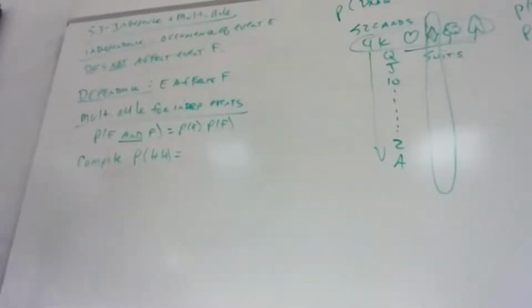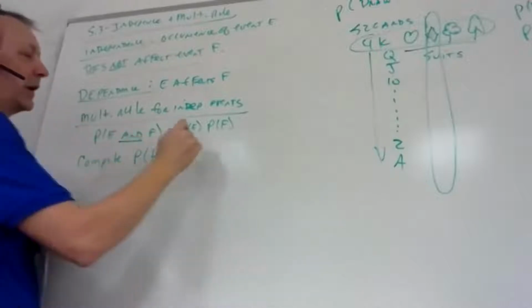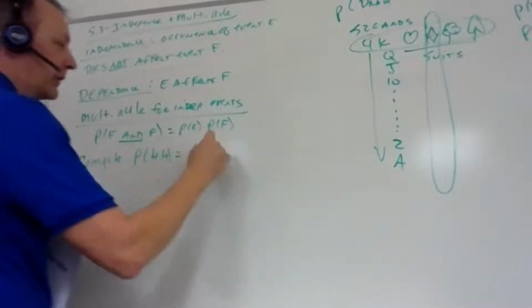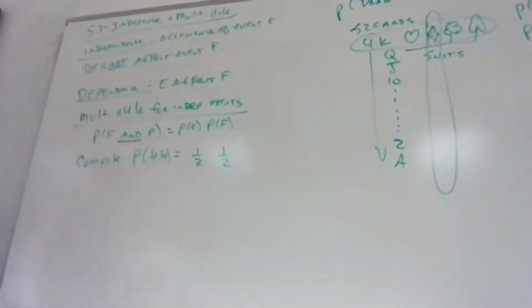Okay, so compute the probability that they get a head and a head. I'm going to pick on Kyle. What's the probability of a head on the first toss? 50% or 1/2, right? What's the probability of a head on the second toss? 50% or 1/2. Keep those as fractions.